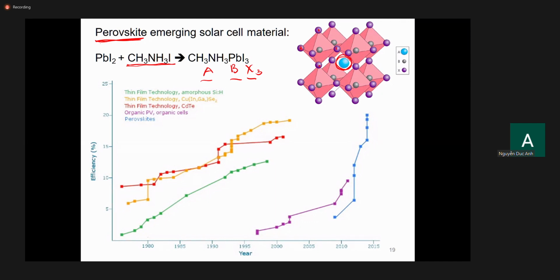The perovskite becomes a very interesting material because it is a kind of semiconductor. So we are researching perovskite to use as the solar cell, okay, as the solar cell.